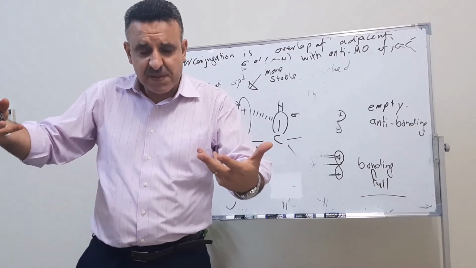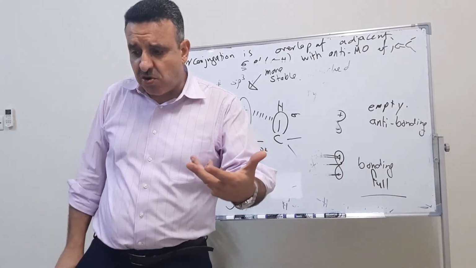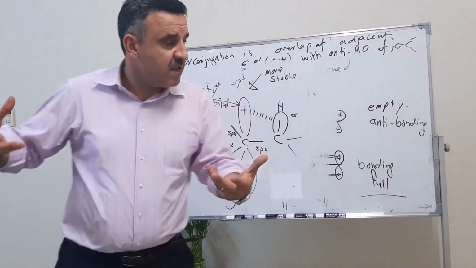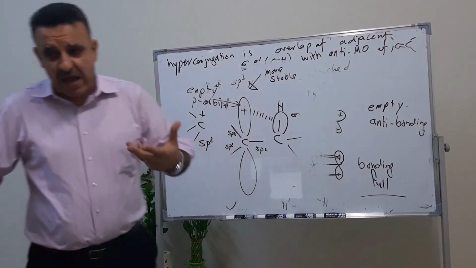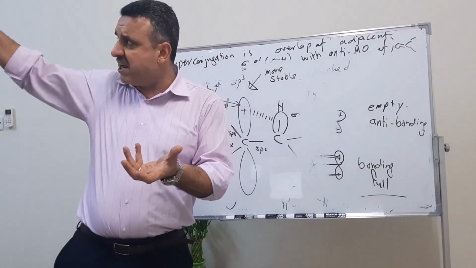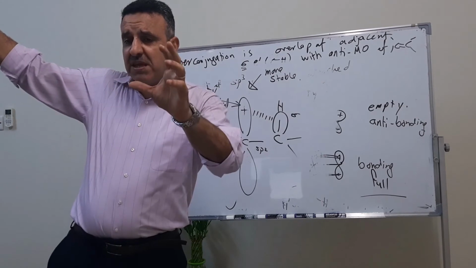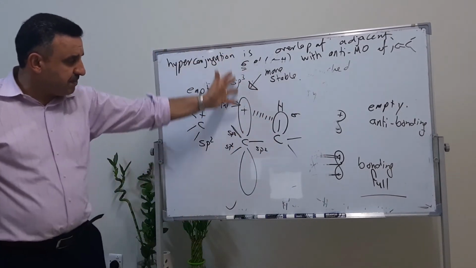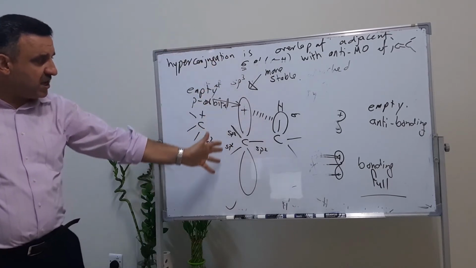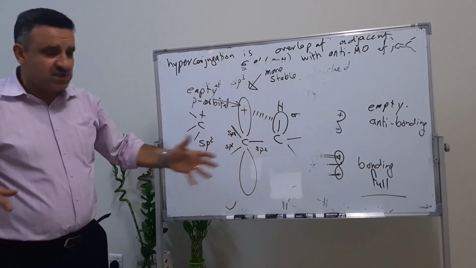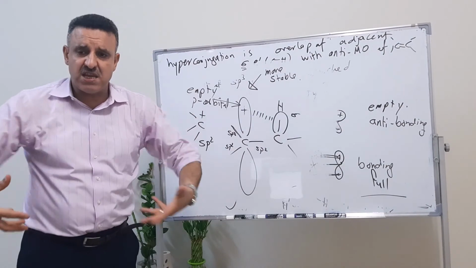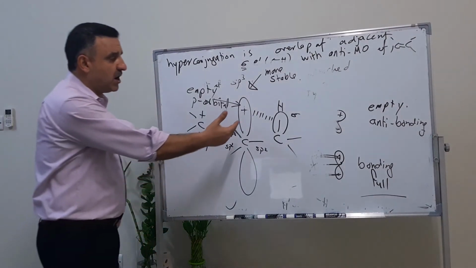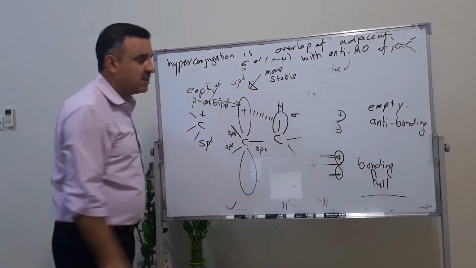Hyperconjugation is simply an interaction, some sort of overlap of an adjacent sigma bond with something needing electrons. In this case, it is very obvious that the p orbital in the sp2 is vacant, has no electrons. It's in desperate need of more electrons. That's why this is some sort of bonding in this case.